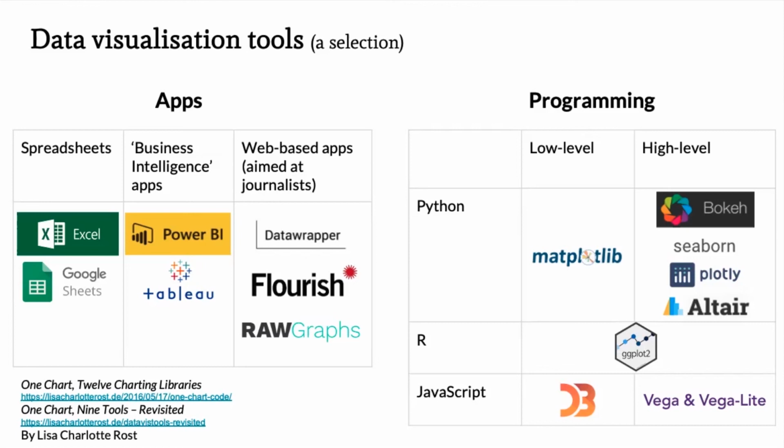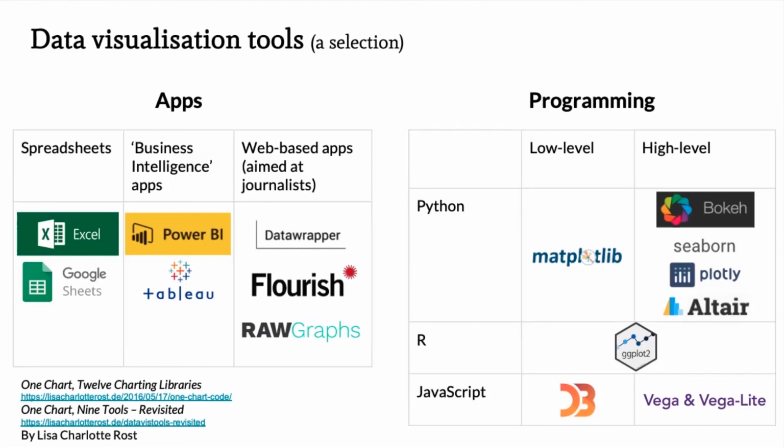And also you can do your data processing in the tool as well. So I know that at the British Library, we have a license for Power BI. So this partly depends, does your institution have a license for one of these? But actually, I've seen some really visually sophisticated things made in Tableau. So this isn't necessarily limiting if you don't want to use a programming tool. You can make some amazing things in Tableau.